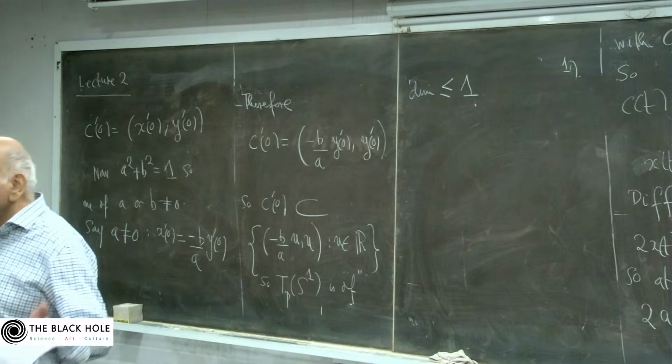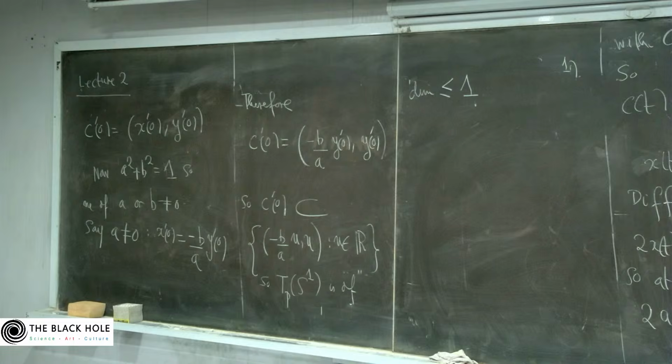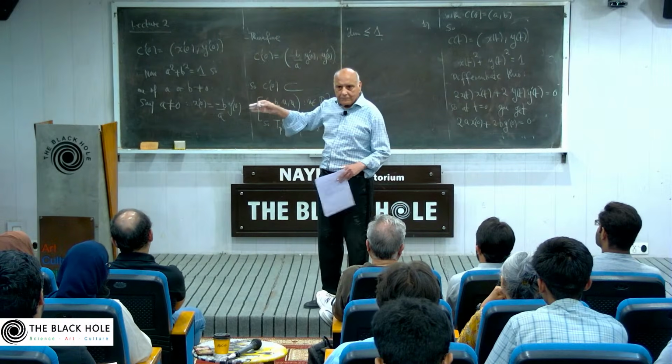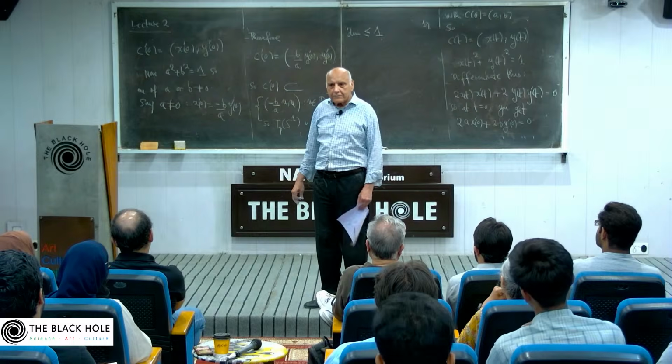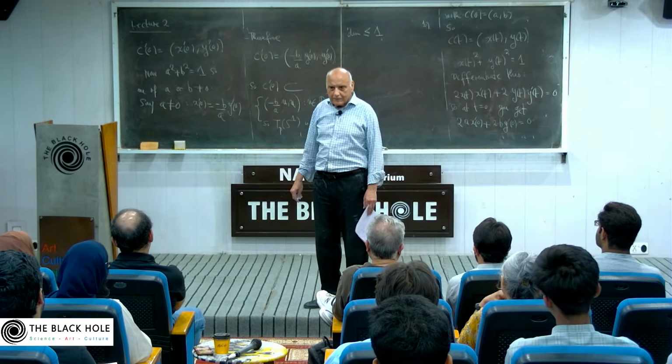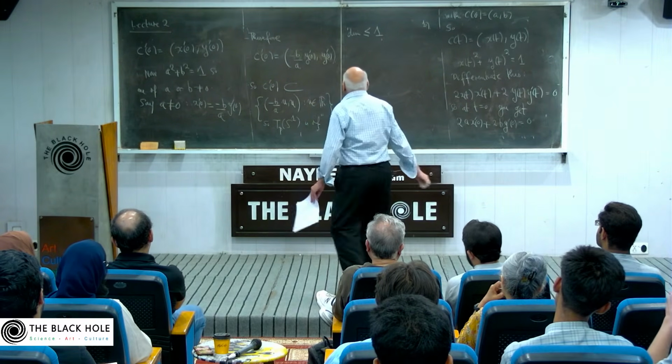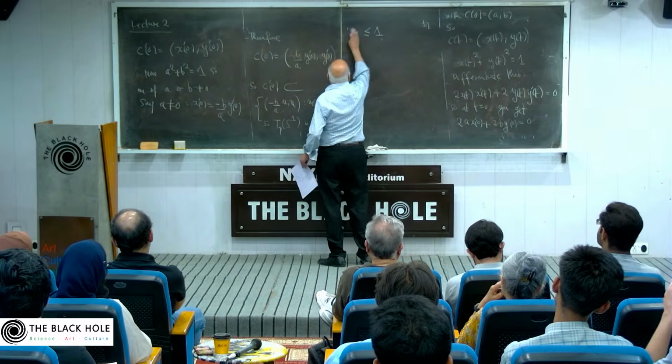I have to exhibit a curve, but C itself is a curve, right? So, the dimension of the tangent space is 1, okay.